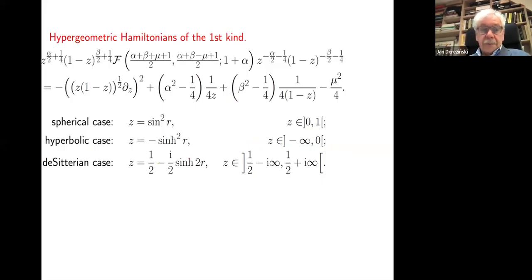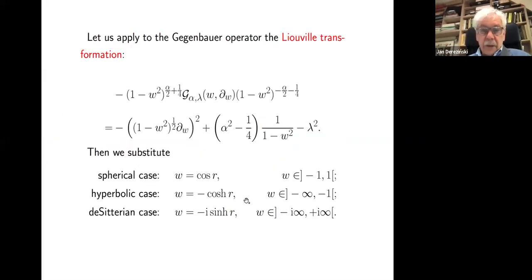Okay, let's continue. The Gegenbauer operator had two parameters: one parameter was used in the potential, so alpha enters the potential, and the other parameter was used as the spectral parameter, so it was lambda squared.